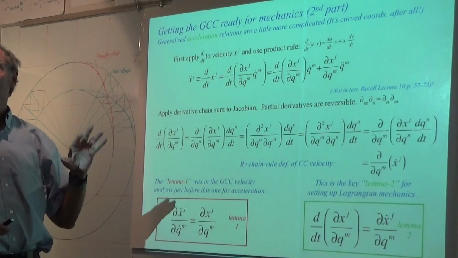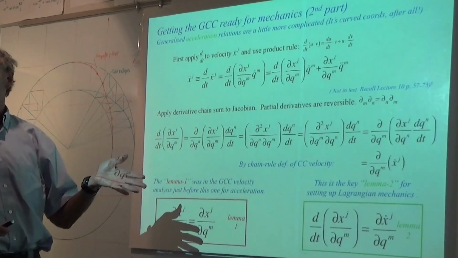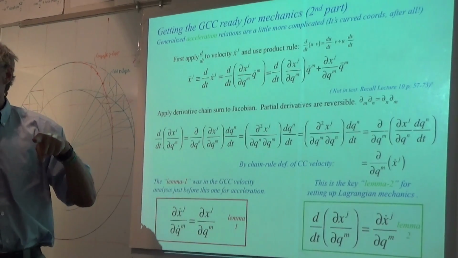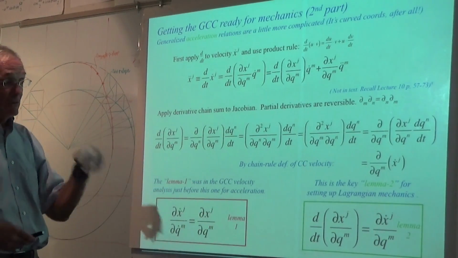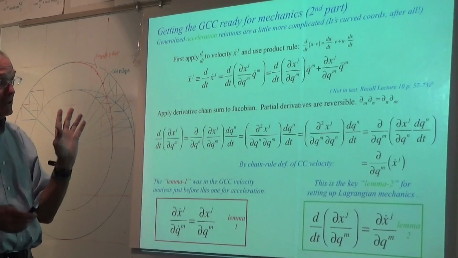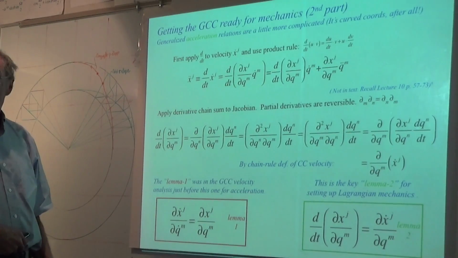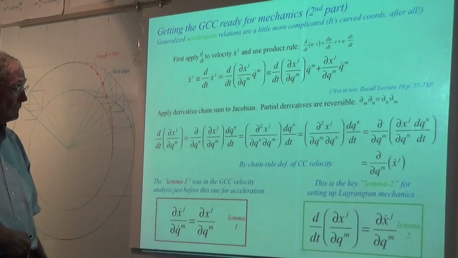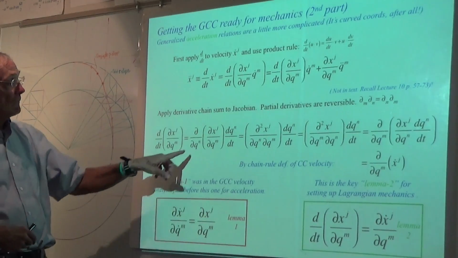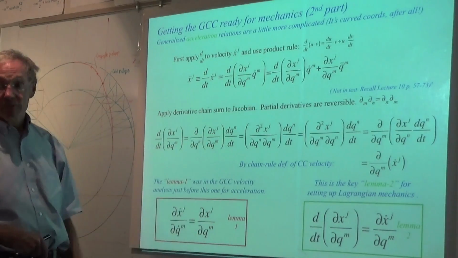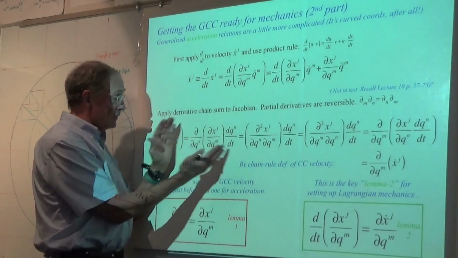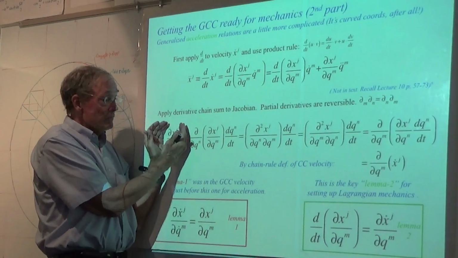What I'm trying to do is get F equals ma out of the x world and into the q world. So these are the two lemmas that I need. I don't need any more than that. Like here you have partial dq_n over there, and then you have total differential on top, like dq_n by dt. Yeah, partial? This is a chain rule of this function.